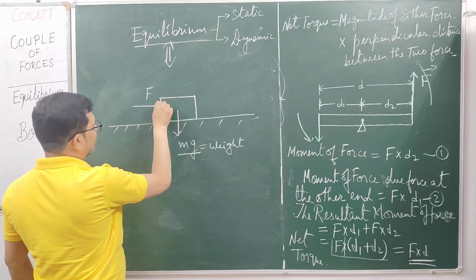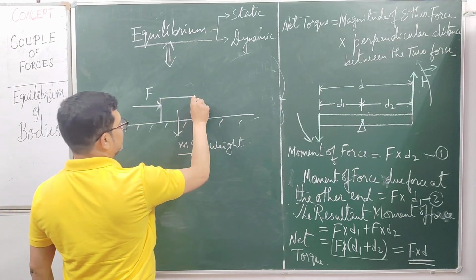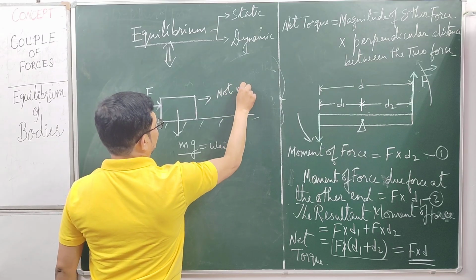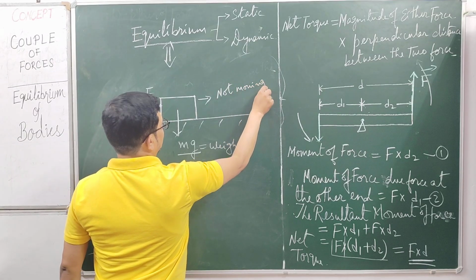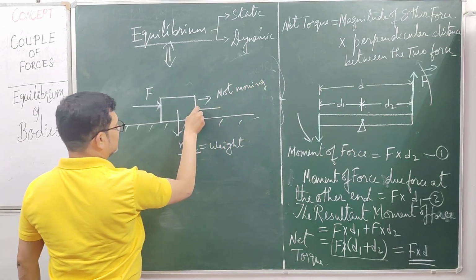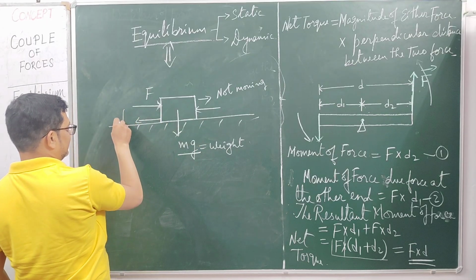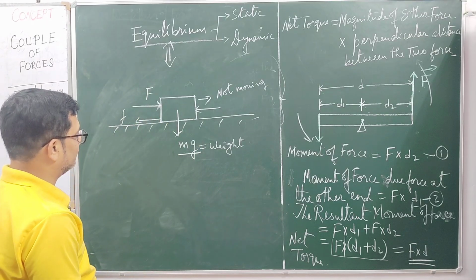You also apply a force on the body, but this body is not moving. What is the reason? The reason is another force is acting somewhere. Maybe the frictional force is acting in this direction, and the body is not moving.